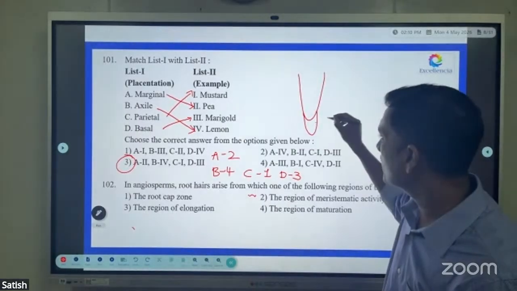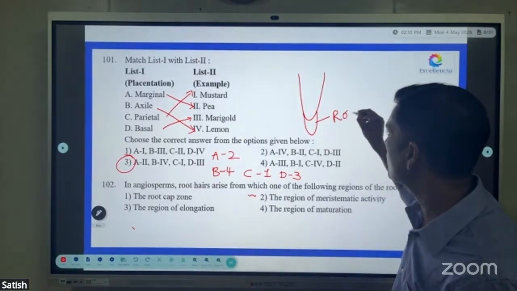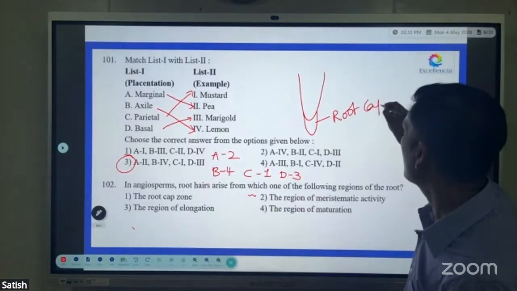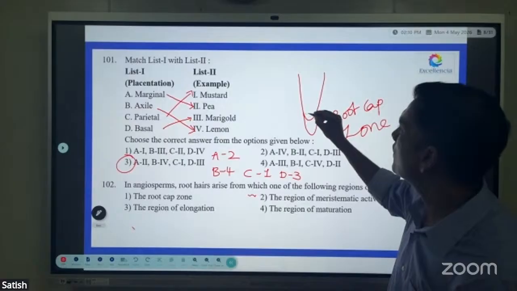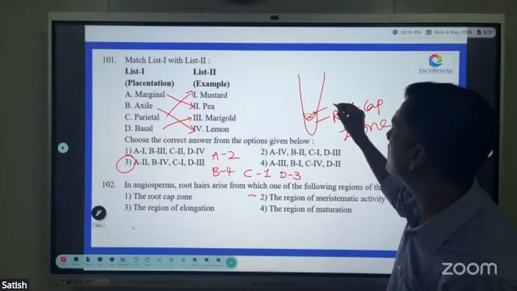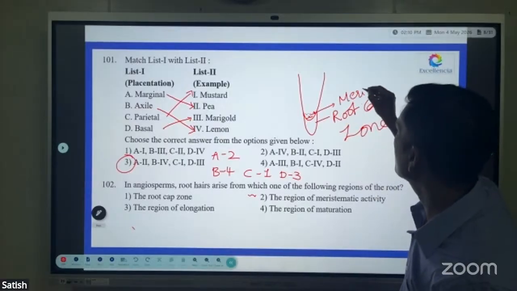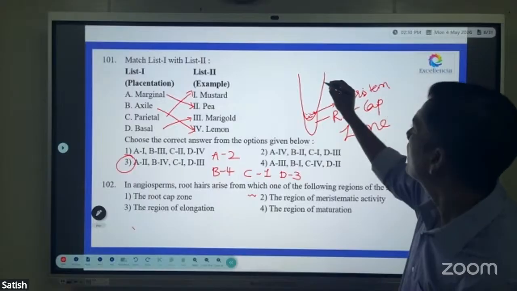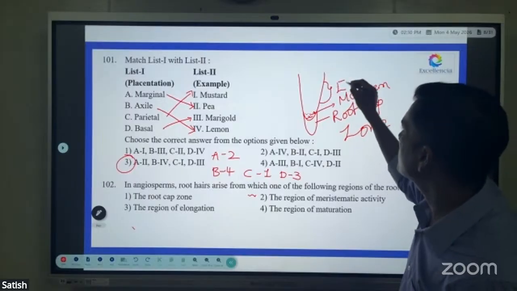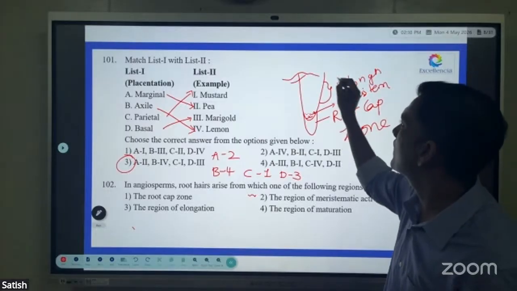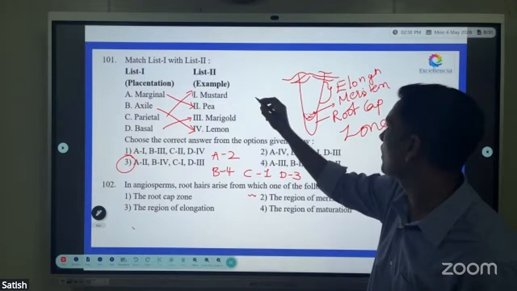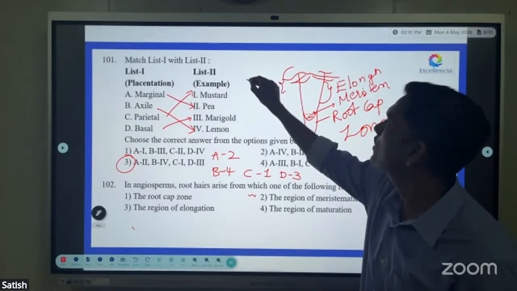The typical root mainly comprises root cap zone. We can call this region as root cap region or root cap zone. So this region we can call as region of meristematic activity, region of elongation, and this is the region where the root hairs will arise. We can call this region as region of maturation.